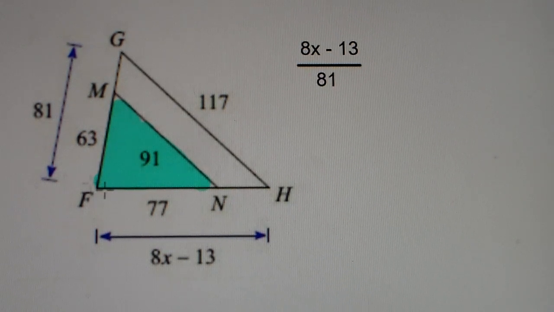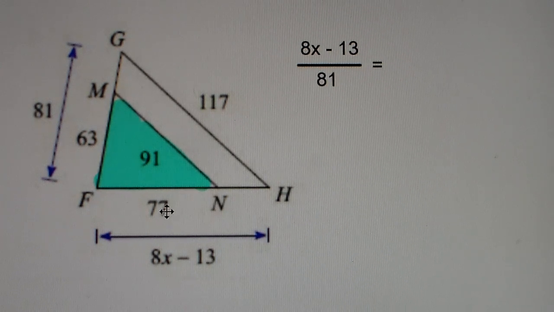So we did our bottom divided by the 81. Now this is going to be equal to another set of sides that we have to figure out. We need two sets. So now 77 is the bottom FN. And that matching side on the other blue side of the triangle is 63. So we're going to do 77 over 63.